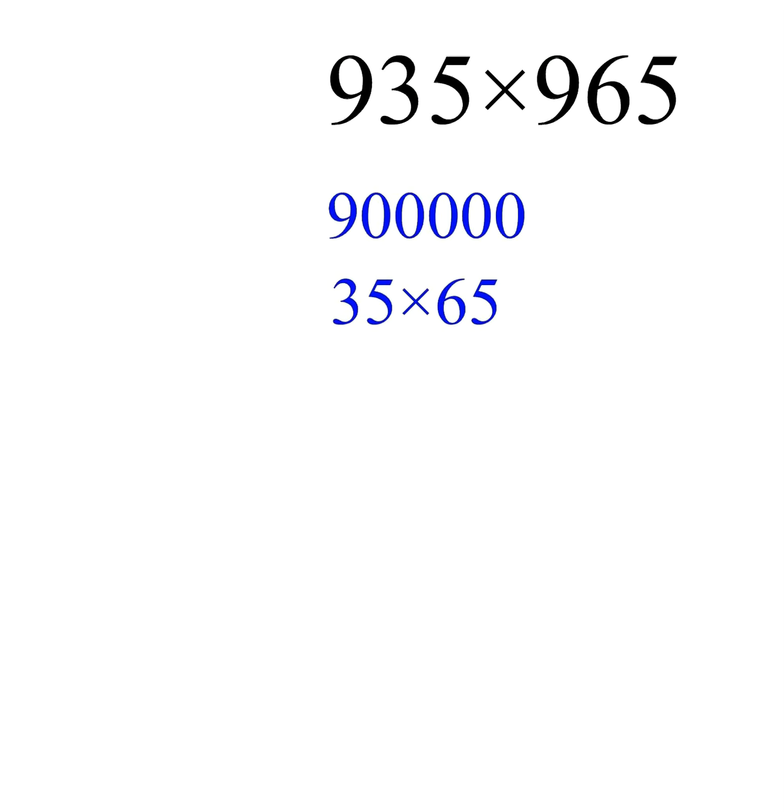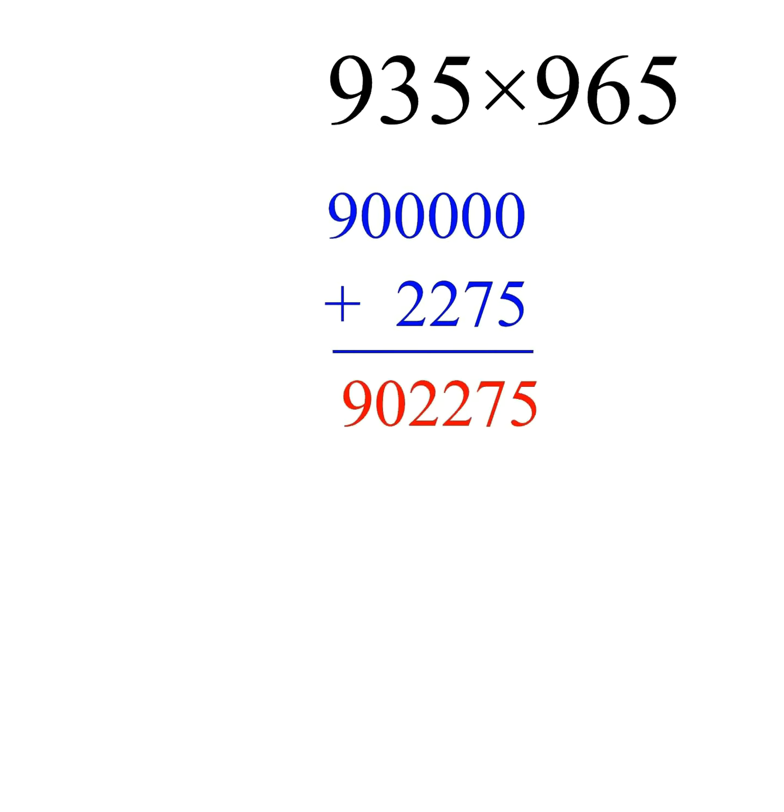And instead of dividing it by 2, we divide 8 by 2. And instead of 25, we write down 75. So that would be 2275. And we add the two answers. And we're done. This is our final answer.